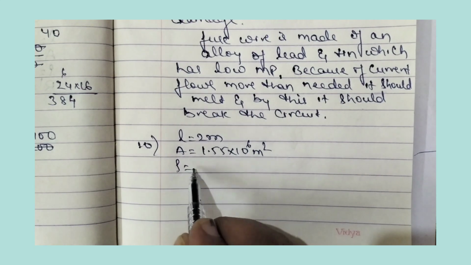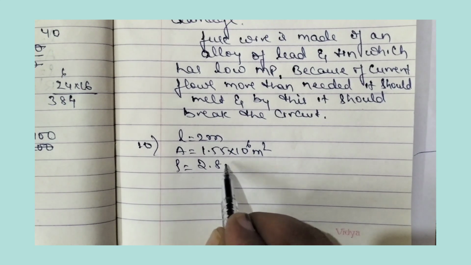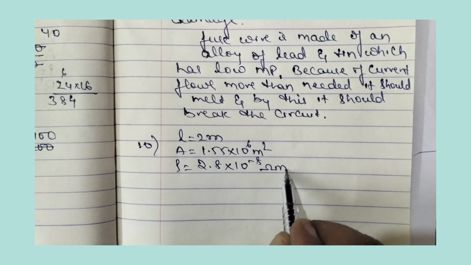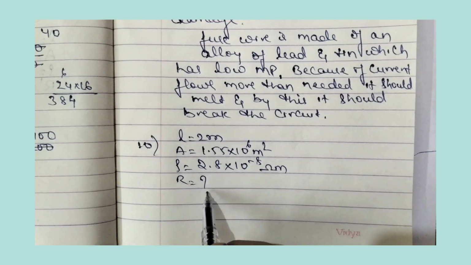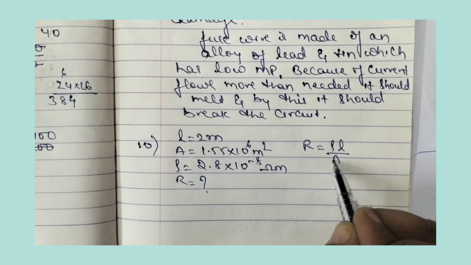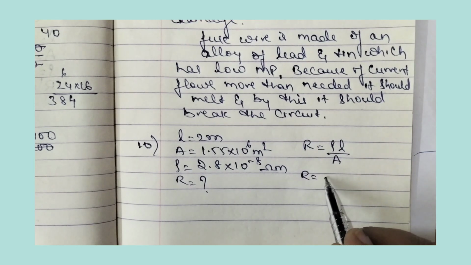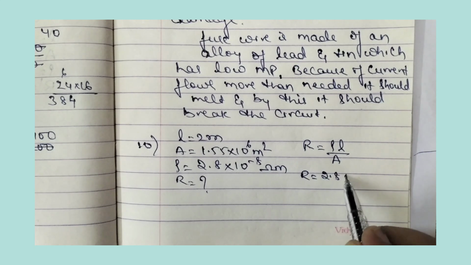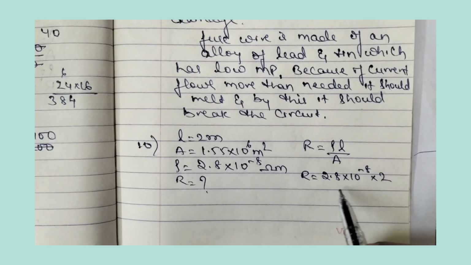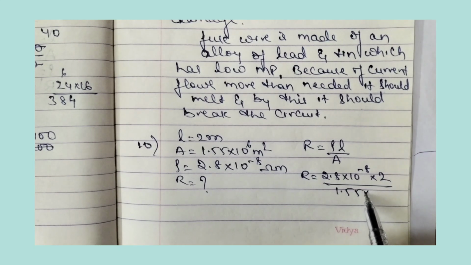Then resistivity is given as 2.8 into 10 to the power of minus 8 ohm meter. So resistance is equal to question mark. R is equal to rho L by A. R is equal to 2.8 into 10 to the power of minus 8 into 2 divided by A, which is 1.55 into 10 to the power of 6.